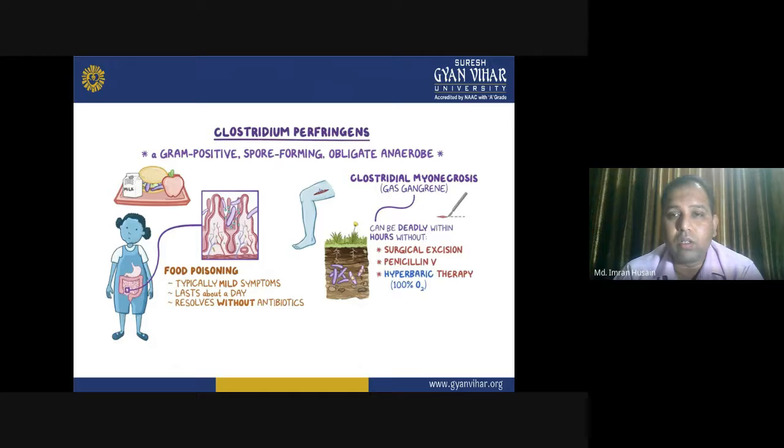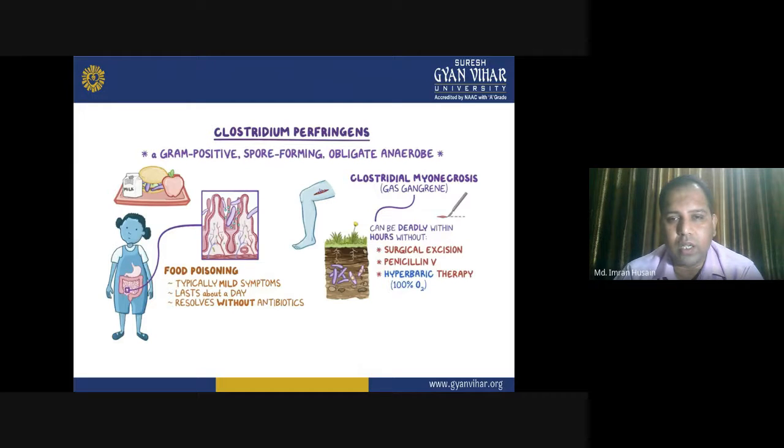Clostridial myonecrosis, also known as gas gangrene. It can be deadly within hours without surgical excision. Penicillin and hyperbaric therapy with 100% oxygen.